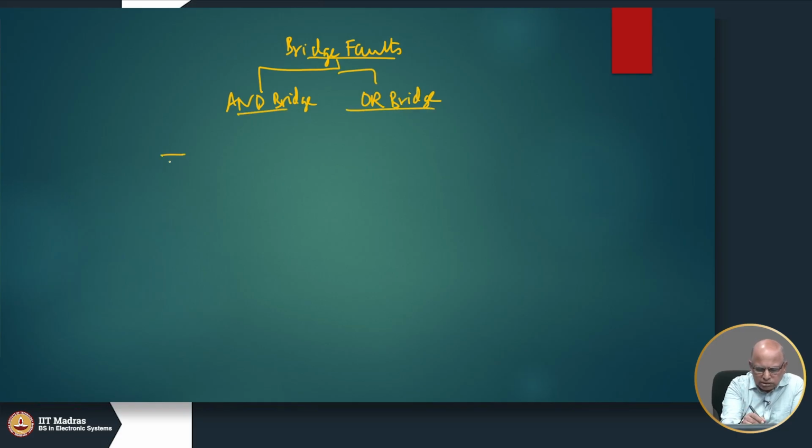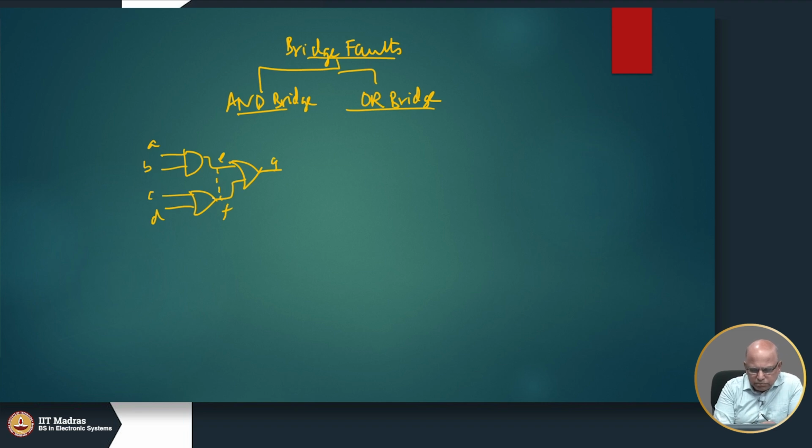So, suppose I take this circuit, if let us say E and F have a bridge fault, in the AND bridge model, it appears that there is a fictitious AND gate between E and F. Okay.